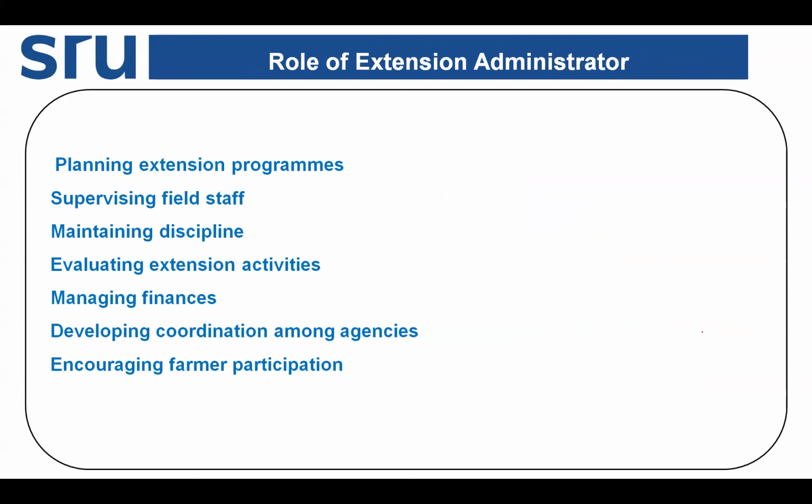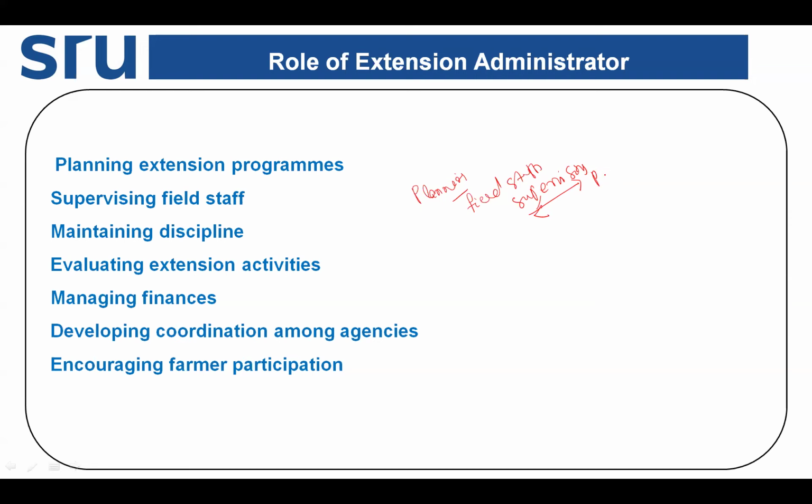Then what are the roles of the extension administrator? Planning the extension program is very much essential. The field staff are working at the field level, and supervising them is very much important: how they are working, what problems they are facing, and whether the work is done in the proper way or not.